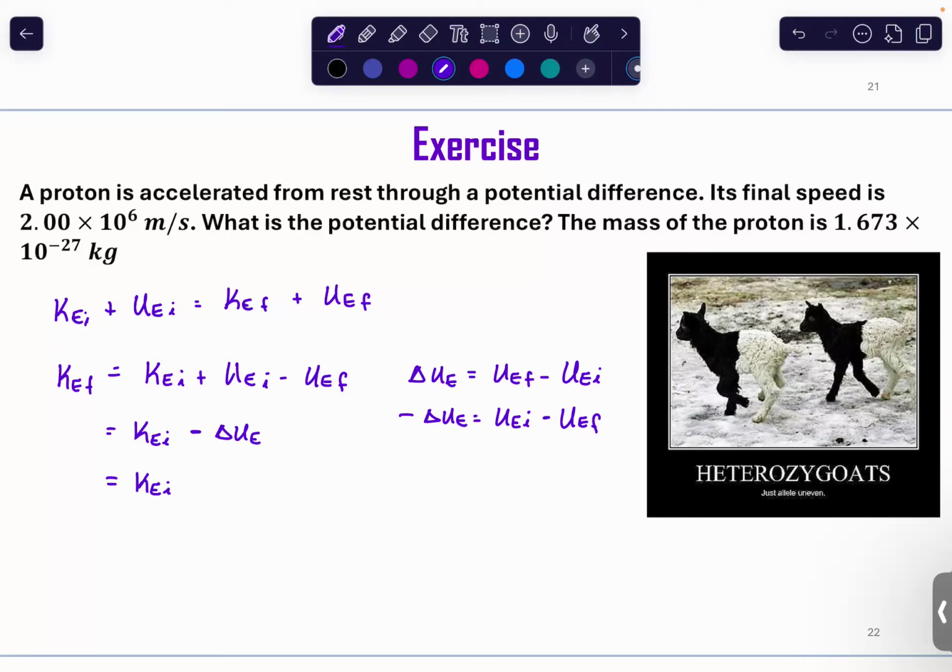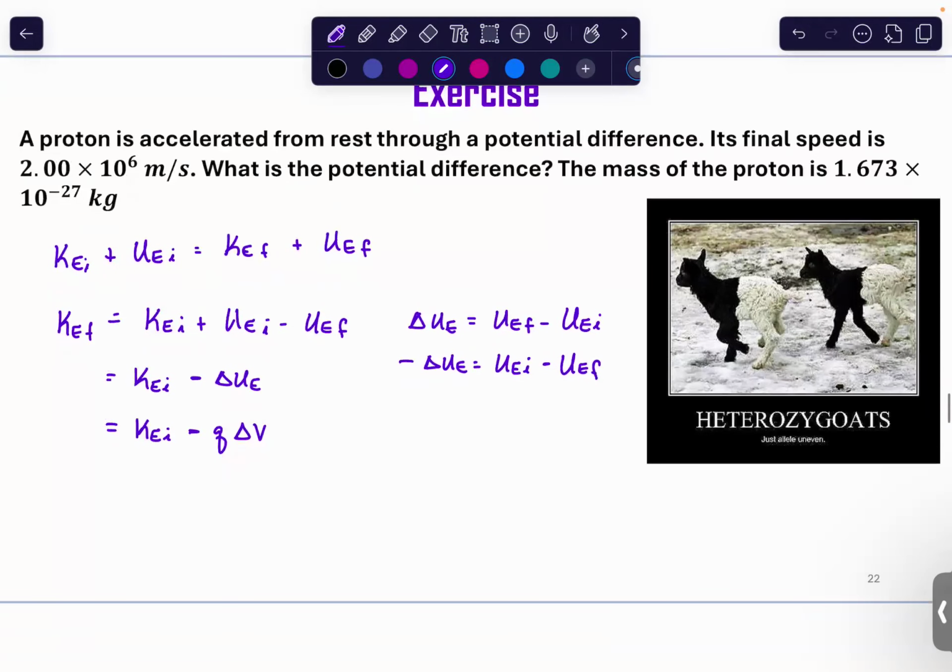And then we remember that the change in potential energy is Q delta V. So we want to know the potential difference.